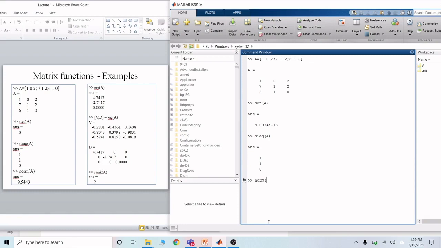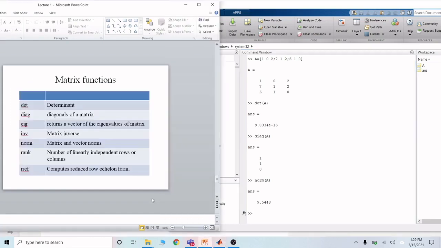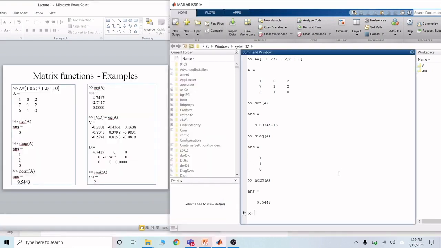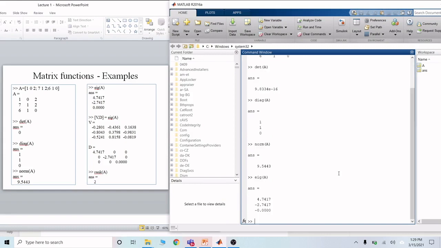Norm of A is 9.5443. Norms: matrix and vector norms. Norm computes this. Okay. EIG, eigenvalue of A. EIG A gives the eigenvalues.